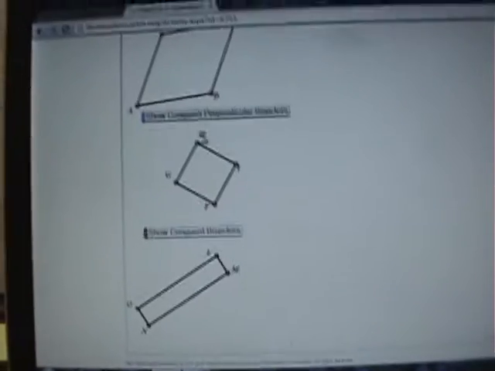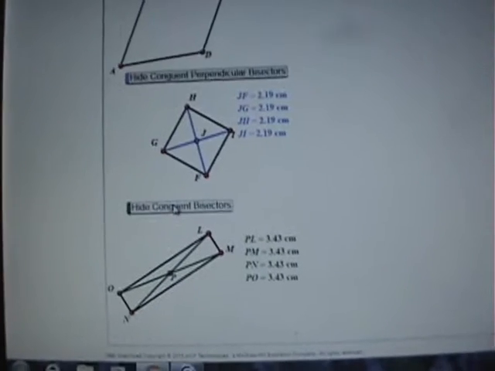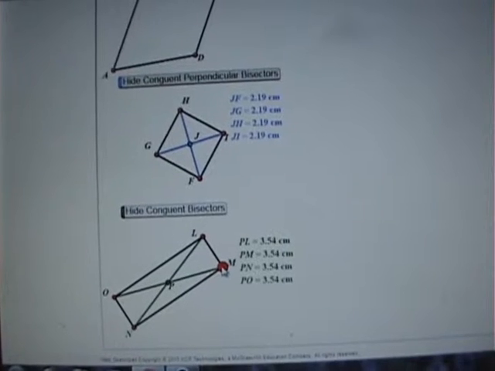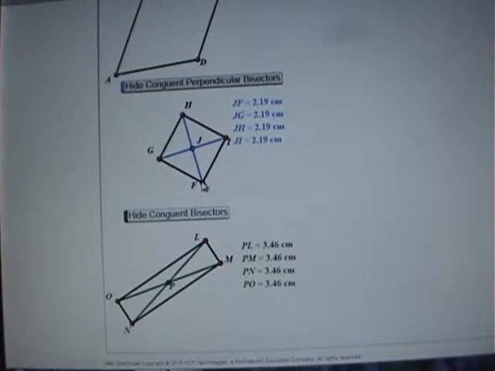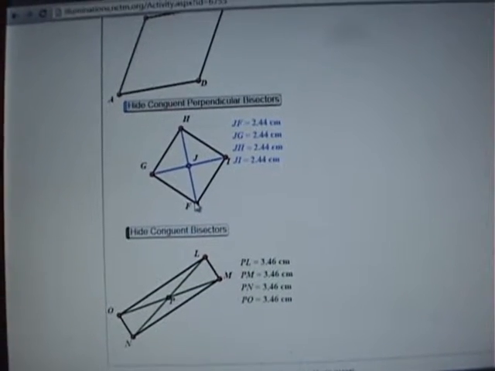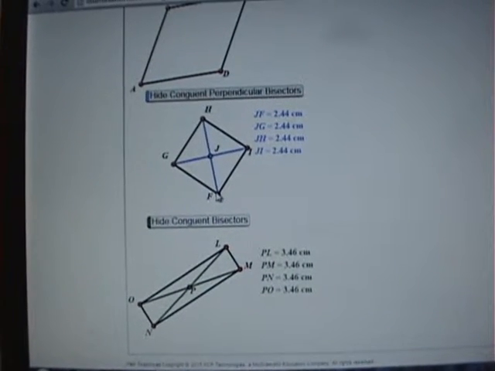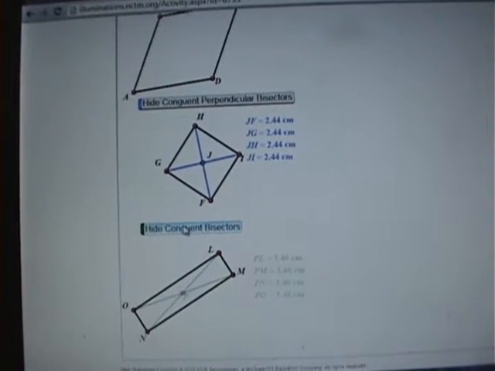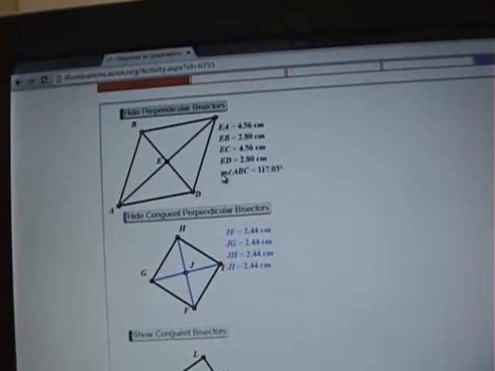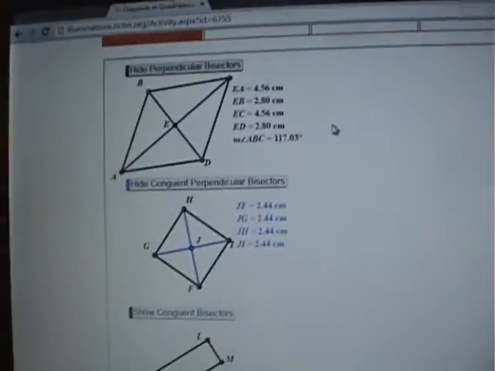Okay, so looking at the square and looking at the rectangle, we notice that no matter what size we make them and everything, because of the fact that they have 90-degree angles, there's a congruency between all of the bisectors. Okay, and then might ask, well, what makes them perpendicular? Well, maybe the relationship, or what makes the bisectors perpendicular, is the fact that with the rhombus and the square, they have congruent sides.